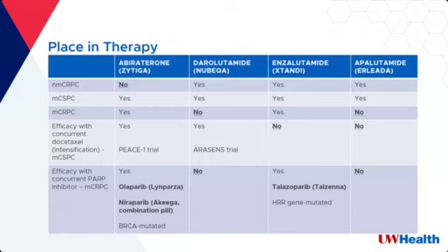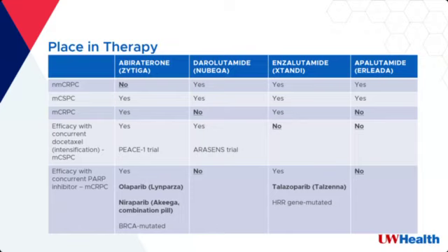And the most recent development, and this is actually in the last 4 to 5 months or so, is approval of combinations of these agents with PARP inhibitors. So abiraterone was recently approved in combination with olaparib for BRCA-mutated metastatic castrate-resistant prostate cancer. It's also recently been approved as a combination pill with niraparib called Akeega.